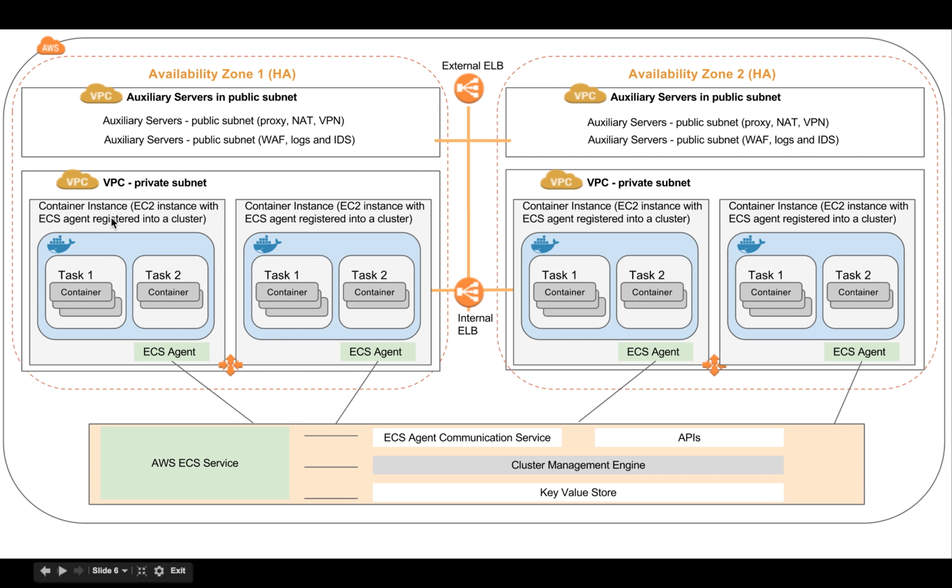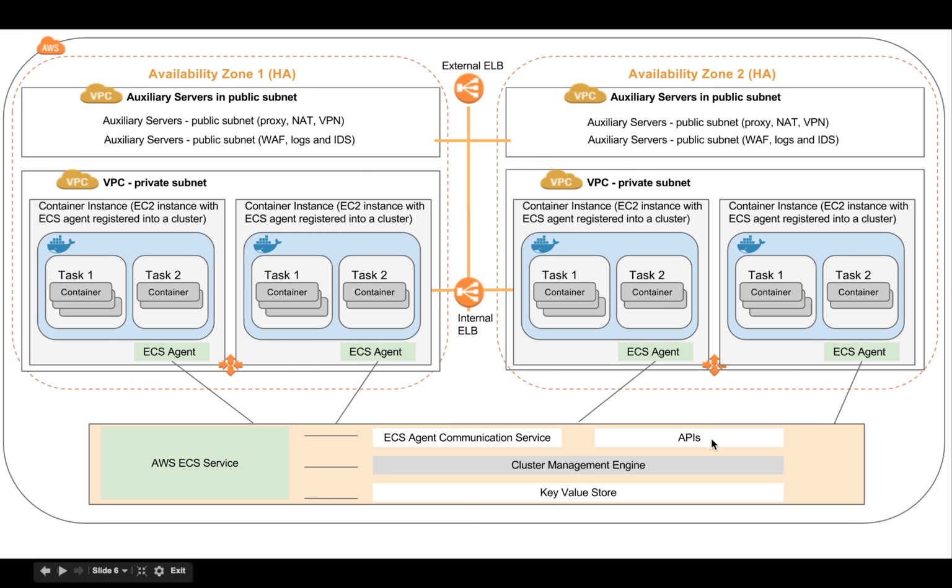And each of the container instances has an ECS agent running. That's how you control these container instances from your ECS service. And these are some of the main components of an ECS service. So you have an agent communication service, and that's how you manage your container instances.